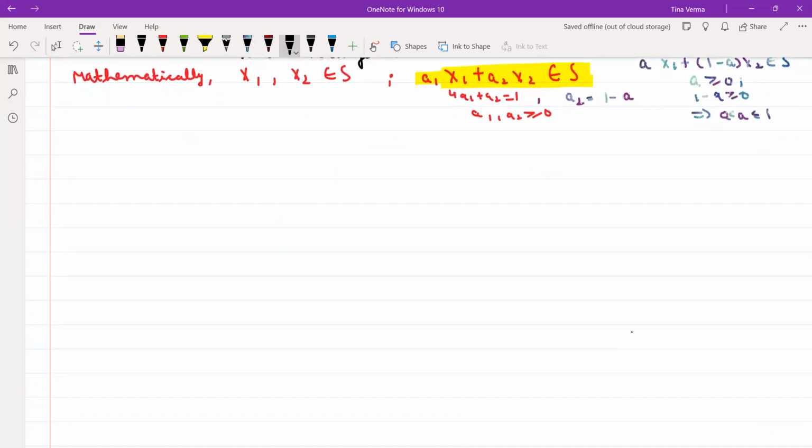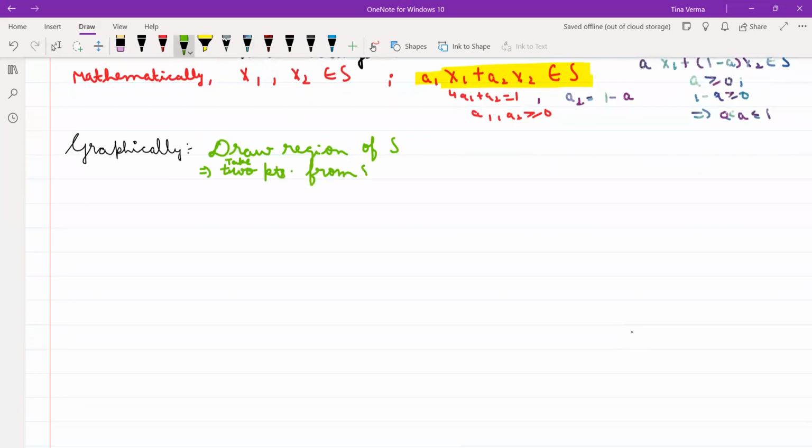So this is the mathematical definition. How can you check graphically? This is very important, right? Because sometimes it is not easy to check mathematically. What we say in graphically is that we will draw the region of S, whatever region it forms, take 2 points from S, join them by a line.